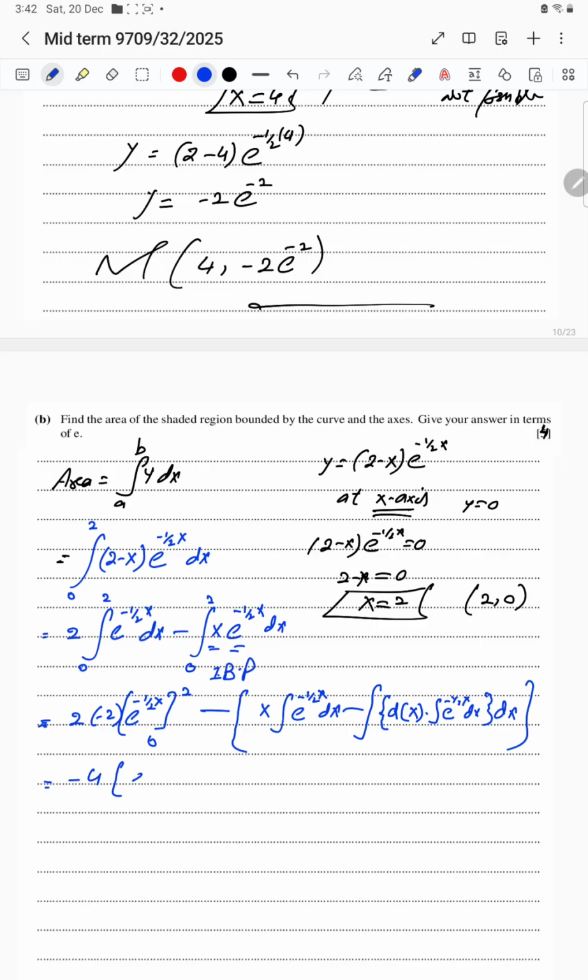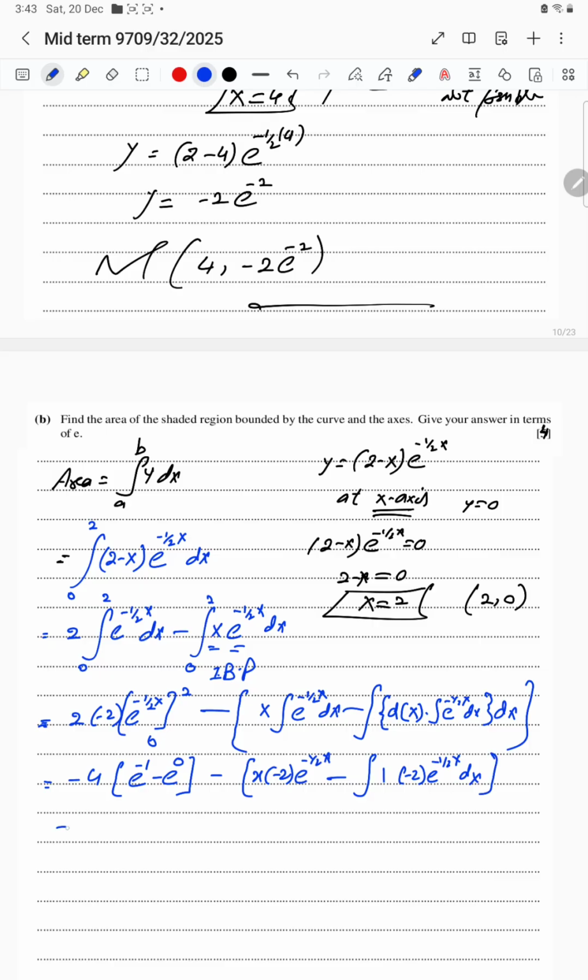Here I'm applying the limit e power minus 1 minus e power 0. Yeah, because 2 means minus 1, e power 0, minus here x, and minus 2 e raised to power minus 1 by 2x, minus here 1 e raised to power and minus 2 e raised to power minus 1 by 2x dx.